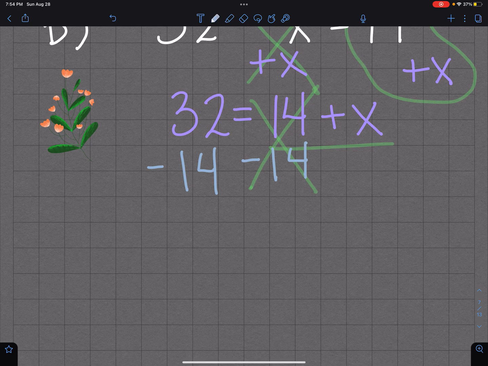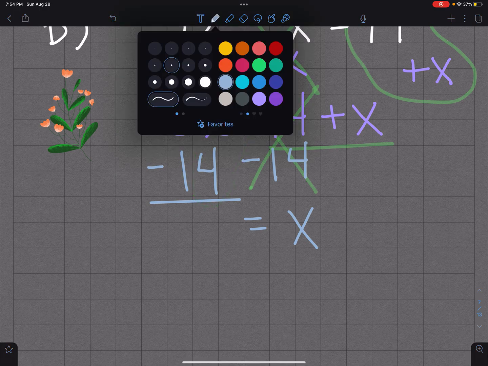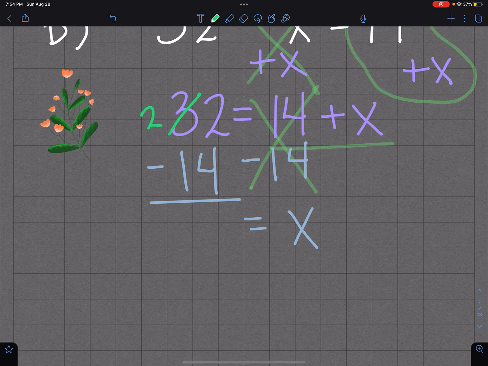So x is going to be equal to whatever this answer is here. All right, so let's do it. Let's do 2 minus 4, which we can't. We need to borrow something. So let's start borrowing. We'll make this a 2. We'll borrow, make that a 12. So I now have 12 minus 4. So 12 minus 4 is 8.